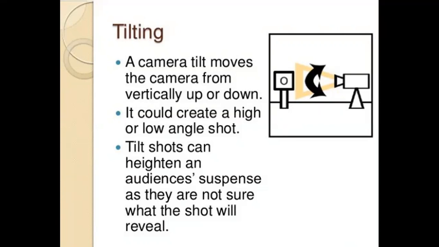Tilt shots can build an audience's suspense as they are not sure what the shot will reveal. It could create a high or low angle shot, and camera tilt moves vertically up and down.